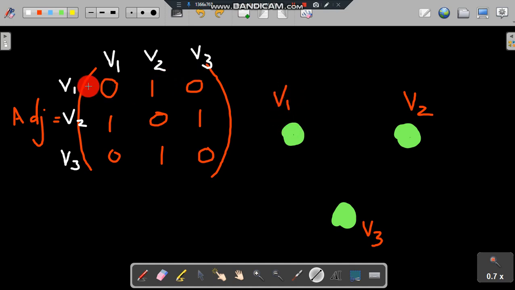Now come here. V1 and V2 are adjacent to one another. That's why 1 comes here. So 1 comes implies this and this are adjacent. I mean, there exists an edge between V1 and V2. So we have to draw an edge between V1 and V2.